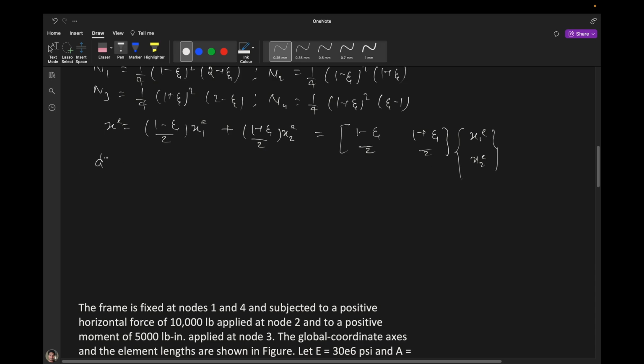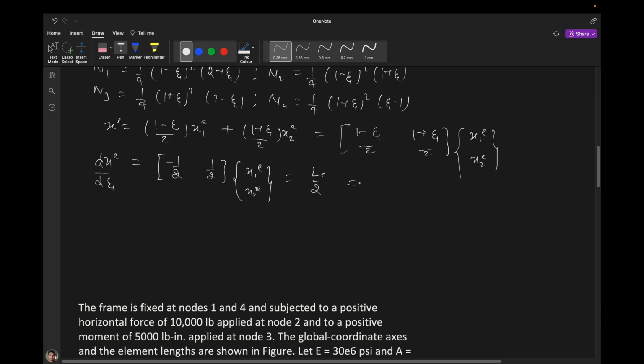Okay, so if we find dxe, then we already saw that if I differentiate dx by d zeta, this becomes minus 1 by 2 and 1 by 2, times x1e and x2e, and this is nothing but LE by 2.